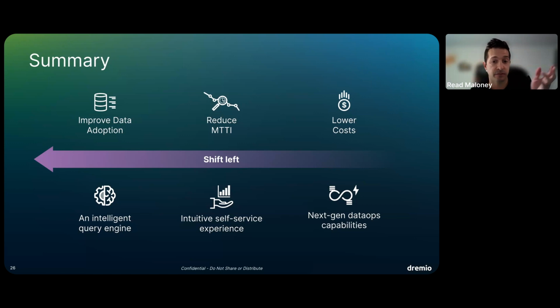All of these benefits come from shifting left. And to do that, you need an intelligent query engine. You have to have an intuitive self-service experience, and you have to have these next-gen data ops capabilities, which is specifically what we're working on at Dremio. It's why we're in business. It's why we exist. And this is why customers are continually looking at and choosing Dremio to be a core part of their data platform.